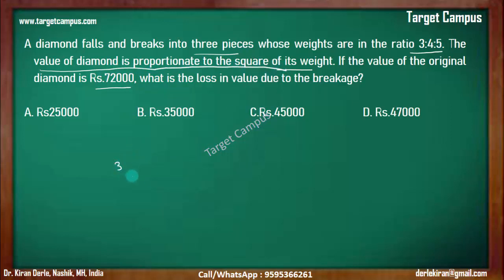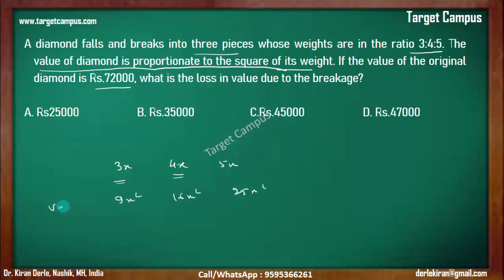So if the ratios are like this, 3, 4, 5, let's say we have weights as 3x grams, 4x grams, and 5x grams, right? The value is proportionate to the square of its weight. So the squares are 9x square, 16x square, and 25x square, right?